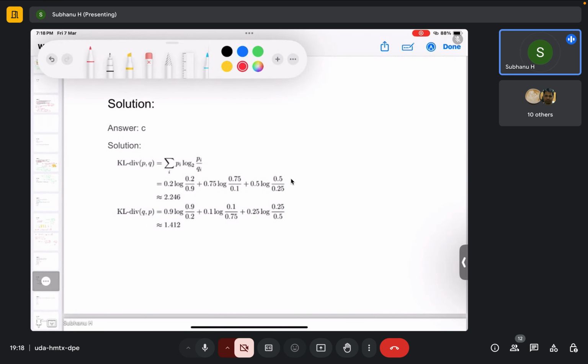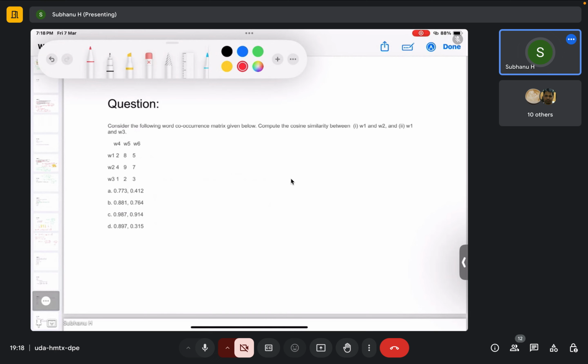Okay, so in the next question you have to find out, consider the following word co-occurrence matrix given below. Compute the cosine similarity between W1, W2 and W1 and W3. Okay, so this is the matrix.